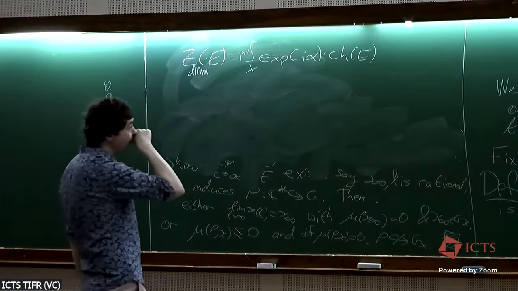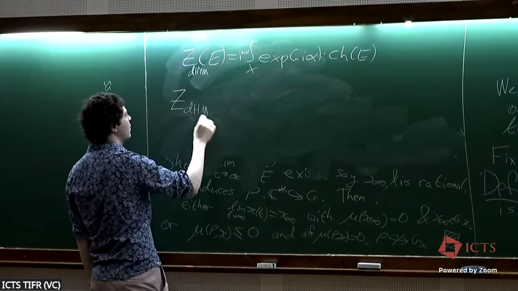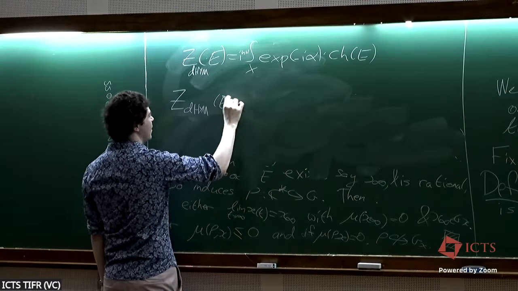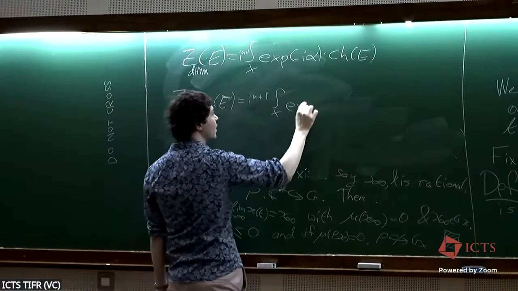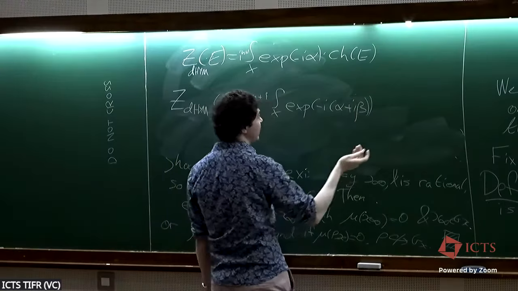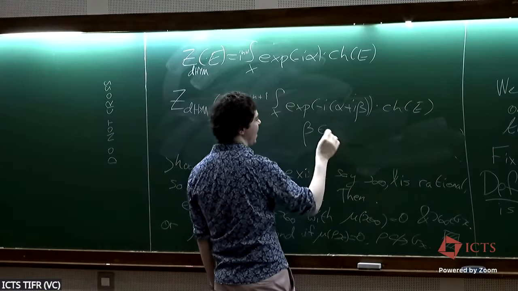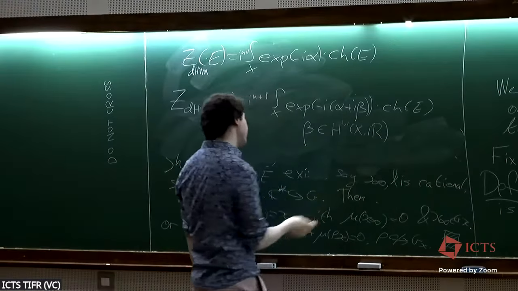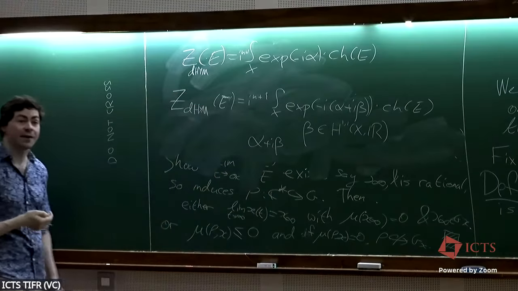That doesn't involve any extra class theta, but you can also include a B field by just taking an extra class beta. So beta is in H^{1,1}(X, R), no positivity assumed, but that means that alpha plus i beta, the mathematical physicists would call this a complexified Kähler class.